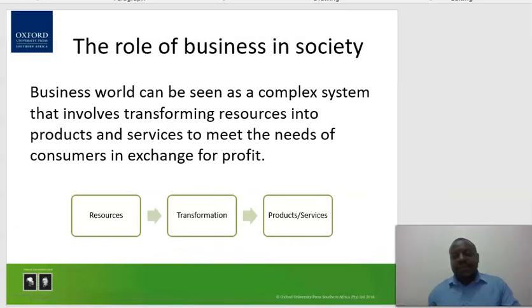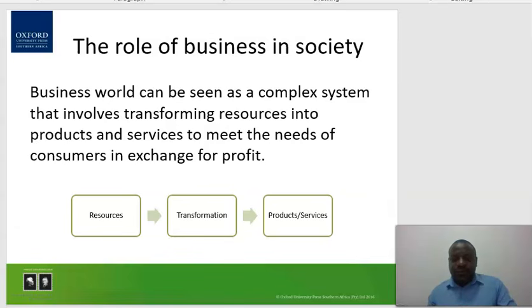So it can be seen as a complex system that involves converting inputs into outputs. Resources can be used as inputs in the production process to produce output. Output can then be in the form of either finished products or services.